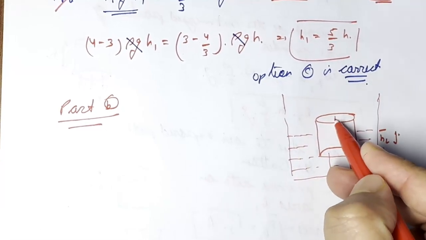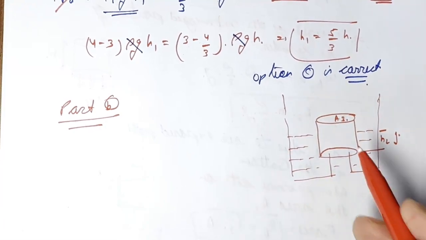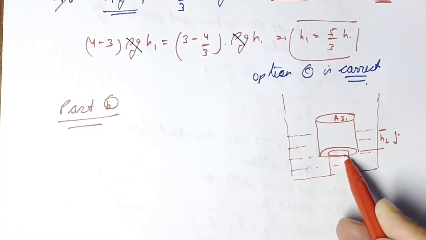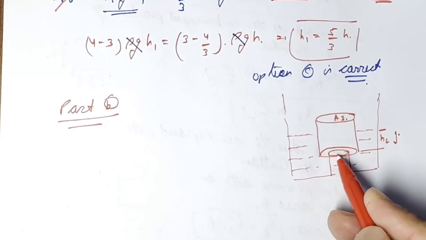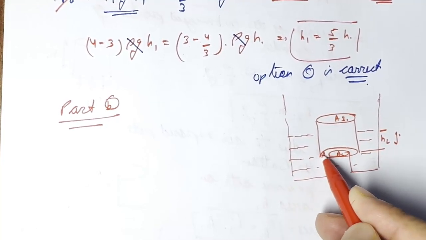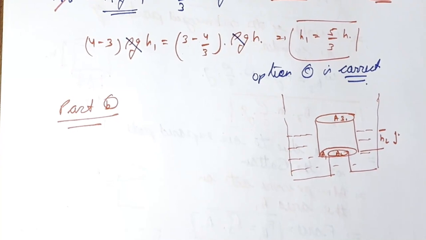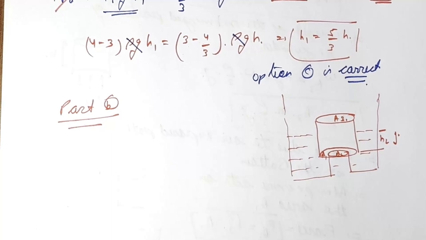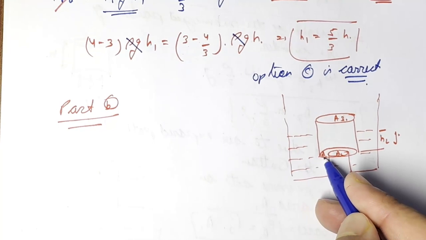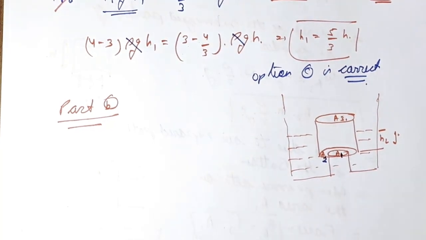So this was our A3, and this area associated was our A2, and this area was our A1. I think I have written it correctly. Sorry, this is our A2 and this is our A1.